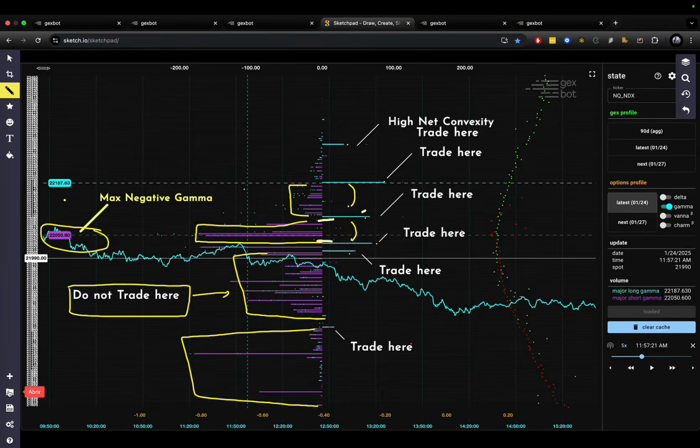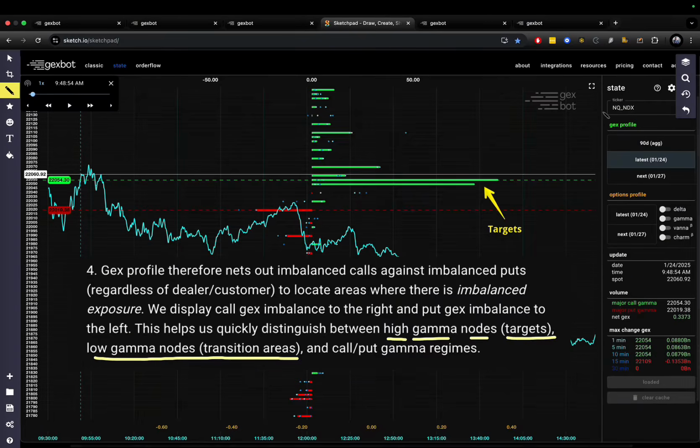If we have a look at the documentation, it says the GEX profile by default nets out imbalance calls against imbalance puts, regardless of dealer or customers. We don't think, oh, this is a client, this is a market maker. No, we just need to think of this as an imbalance, right?